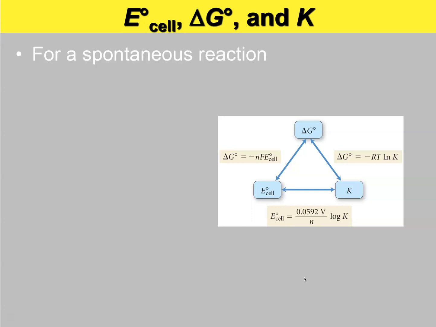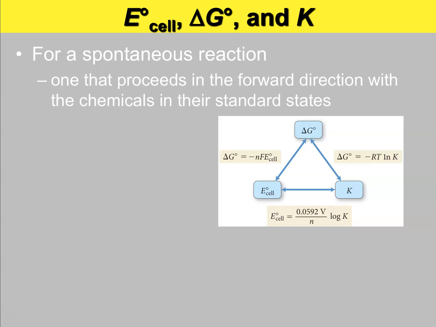So, for a spontaneous reaction, one that proceeds in the forward direction with the chemicals in their standard states, we know this from thermodynamics, as we see delta G, top of the pyramid. So delta G has got to be negative.